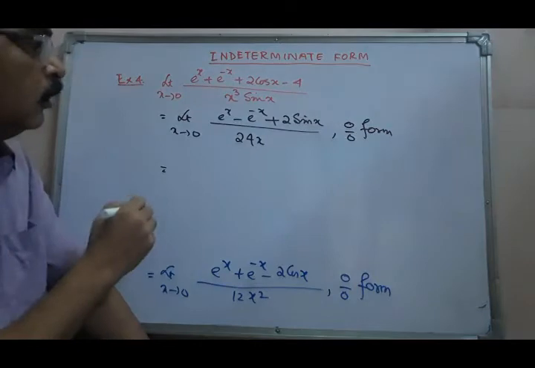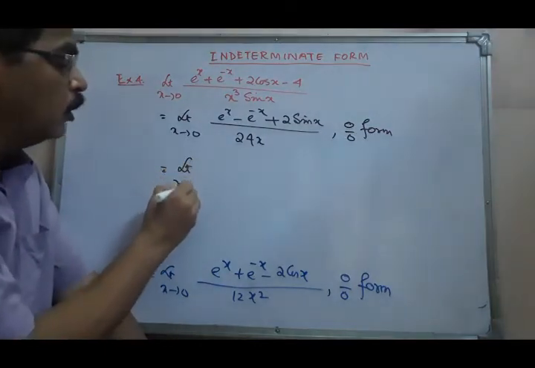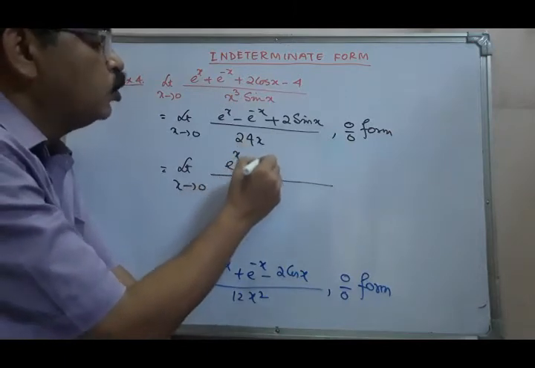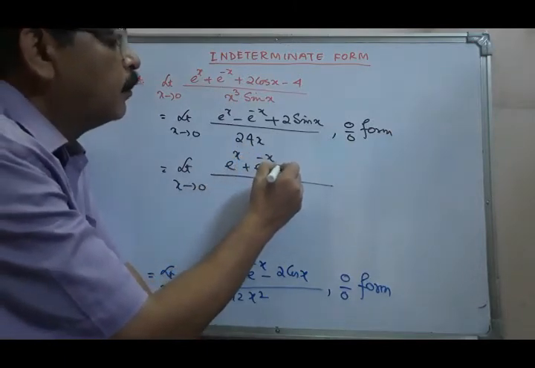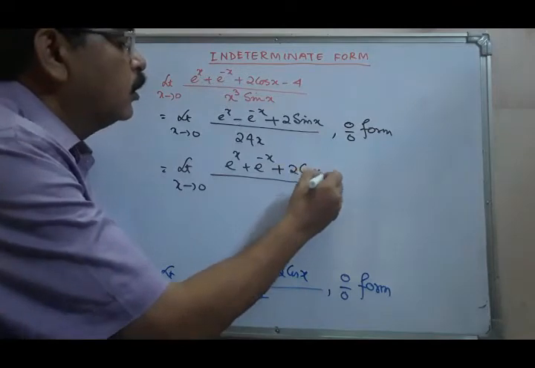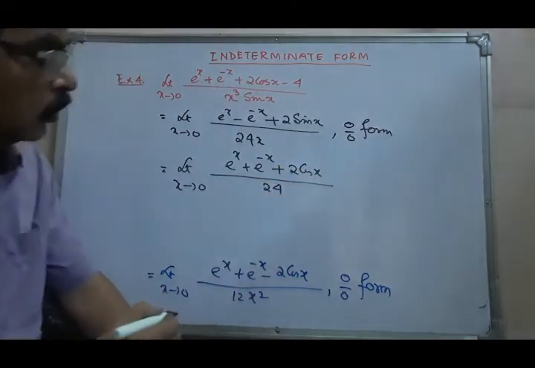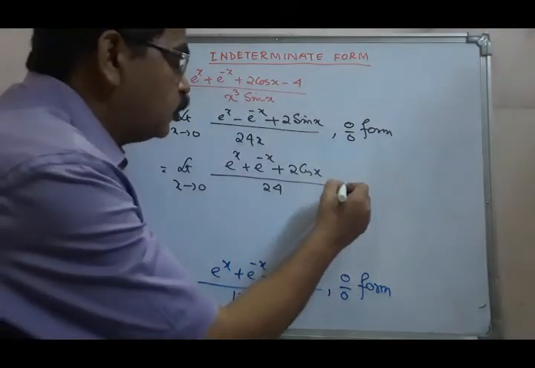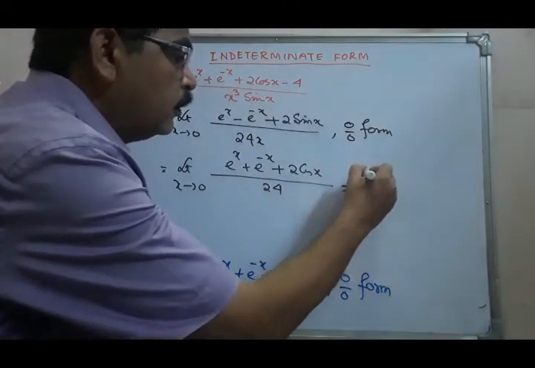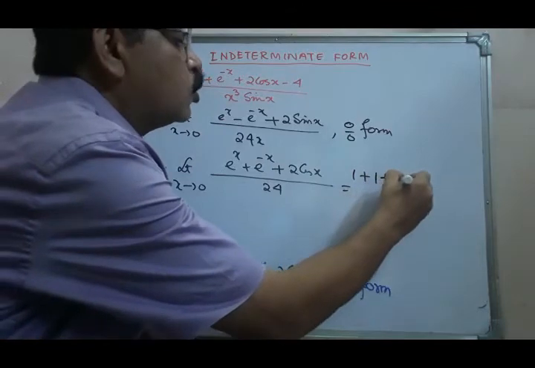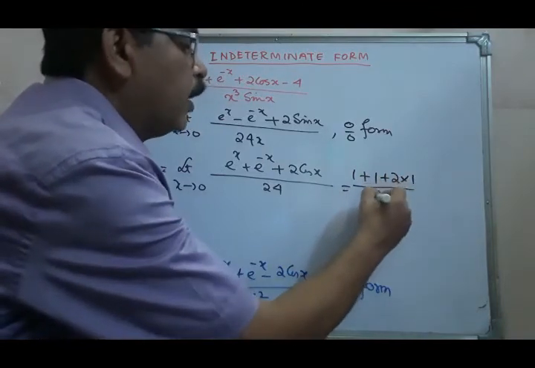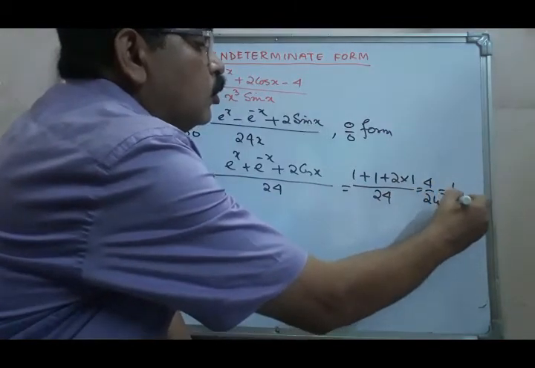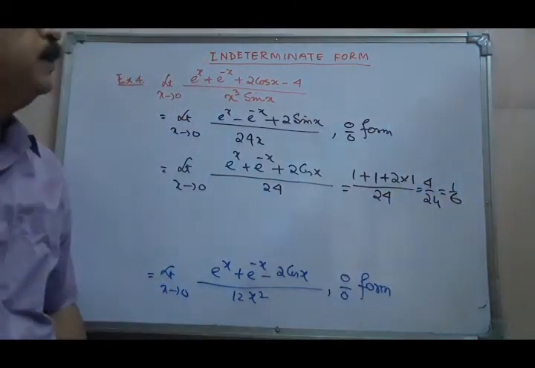So therefore again we have to apply L'Hospital rule. X tending to 0, (e^x + e^(-x) + 2 cos x) divided by 24. Now if you replace the value of x, we will not get 0 by 0 form. It is 1 plus 1 plus 2 into 1 divided by 24. So 4 by 24 equal to 1 by 6.